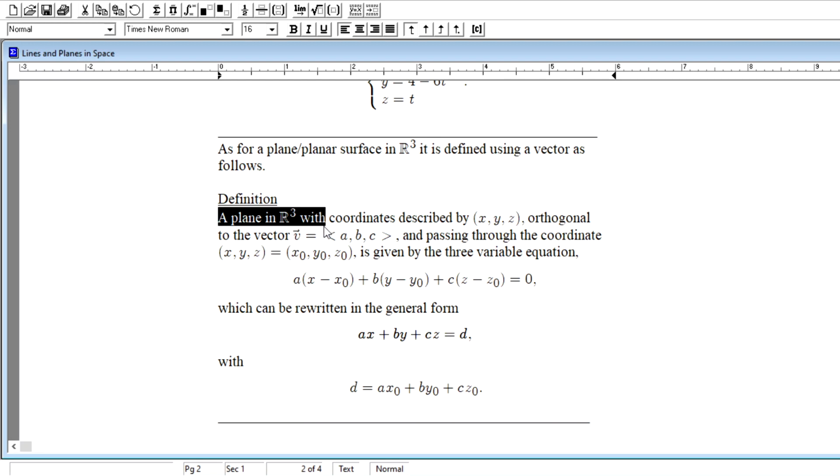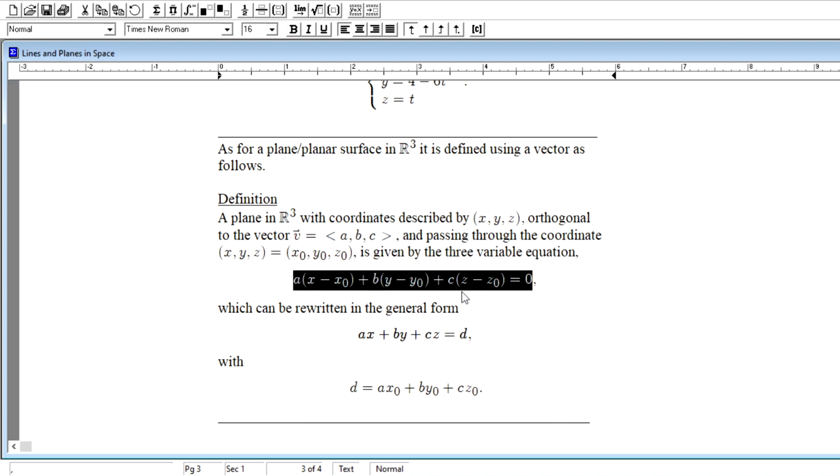A plane in three-dimensional space with coordinates described by x, y, and z, that is orthogonal to the vector v bar equal to a, b, c, and passing through the coordinate x null, y null, z null, is given by the following three-variable equation.